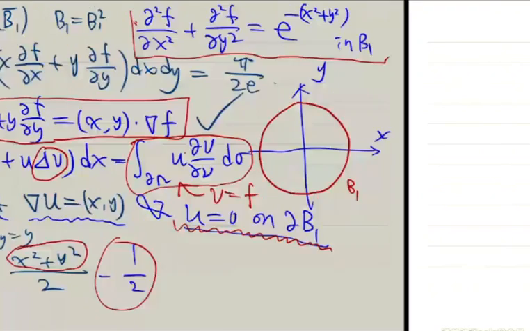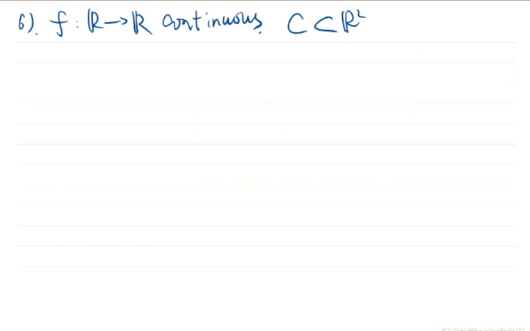The problem phi requires some long discussion, so we consider a simpler question, the sixth question. F is continuous, and phi is a smooth closed curve in R2.